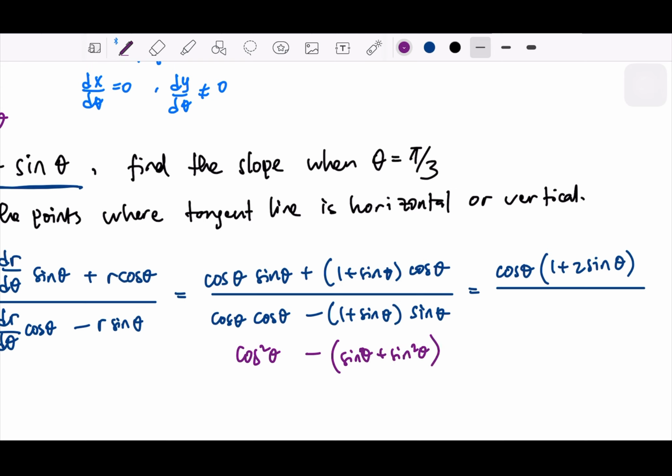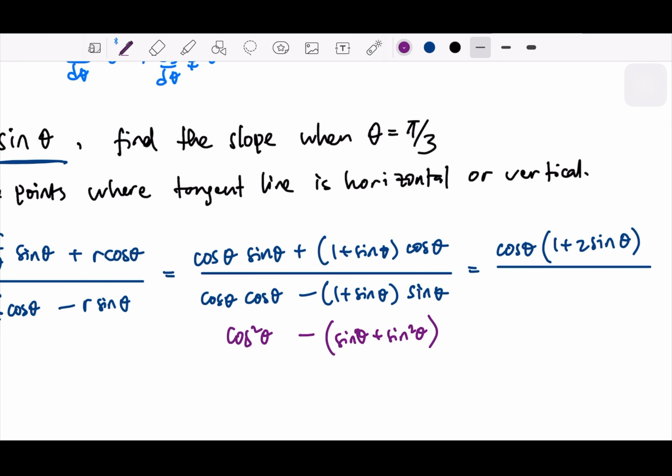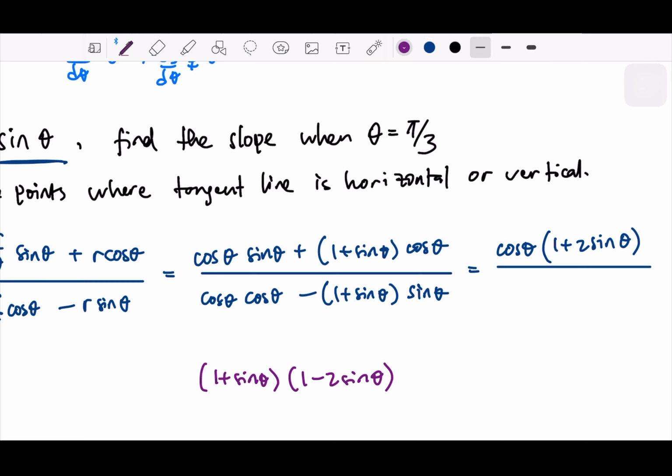So it should be 1 plus sine theta. We can write it down like this, in terms of theta.